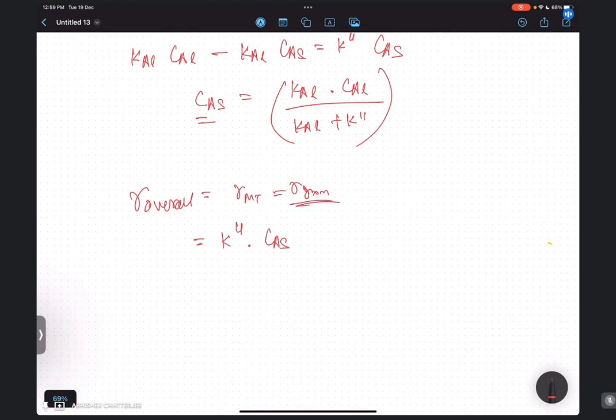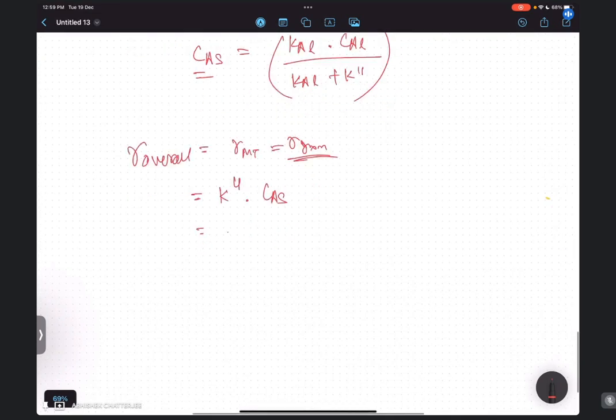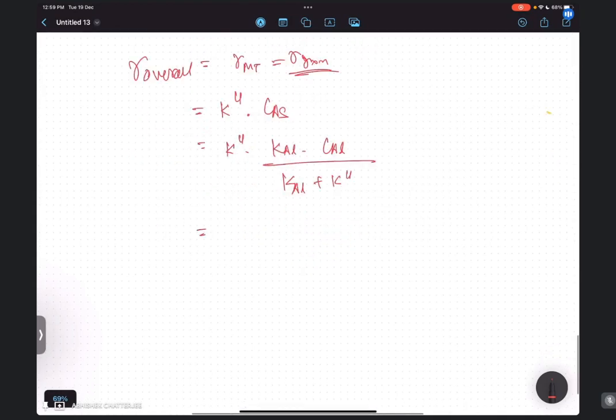We have just written it in terms of R reaction, because it is a series, so all the rates will be the same. That becomes K double dash into KAL into CAL divided by (KAL plus K double dash). From here you can write it as CAL divided by (1 by KAL plus 1 by K double dash). This will be your R overall.